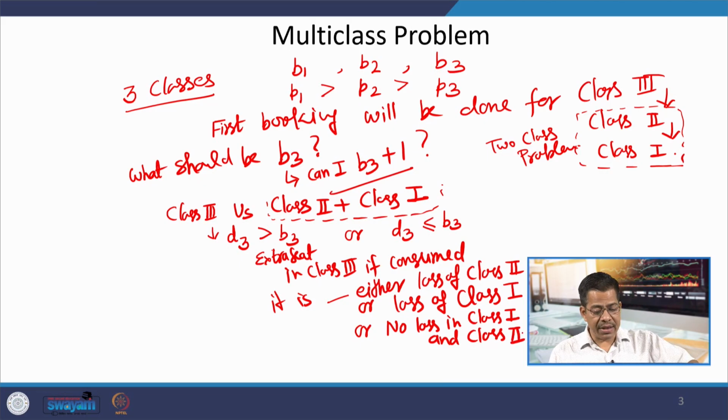If your extra seat is consumed in class 3, these are the 3 possibilities which may happen, and all of these can be represented very conveniently with the help of a decision tree.